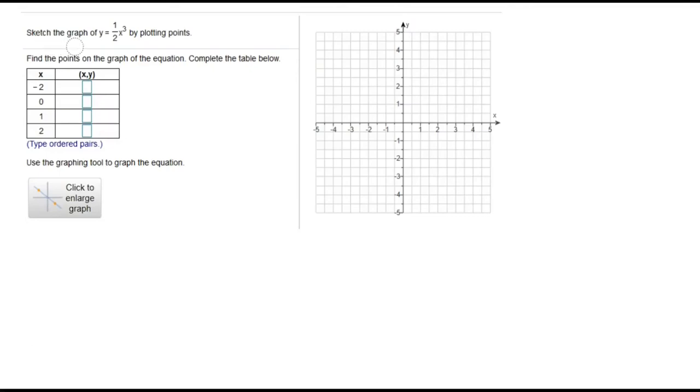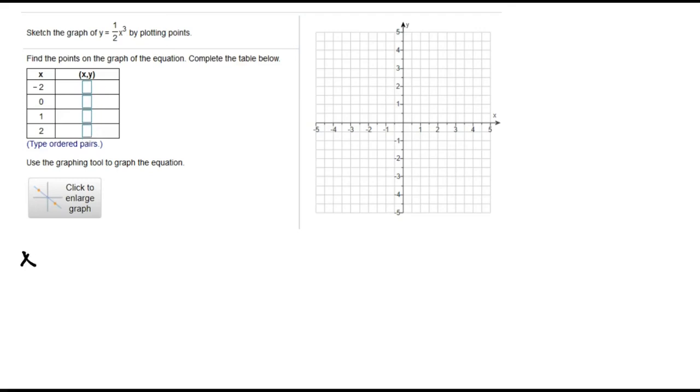In this example, we're going to sketch the graph of y equals 1/2 x cubed by plotting points. We've been given the x's, and we want to find the ordered pairs for those x's.